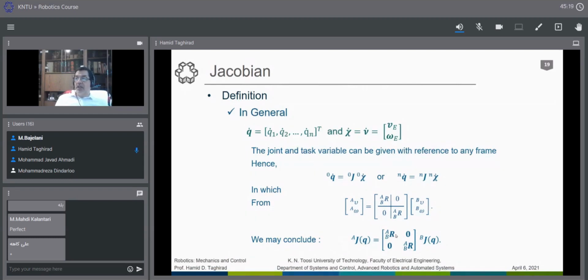By this means we can find any Jacobian in any frame. But why am I talking about representing in different frames?